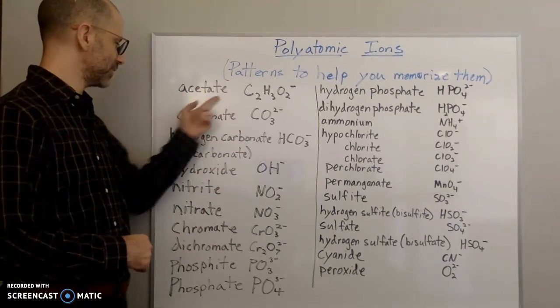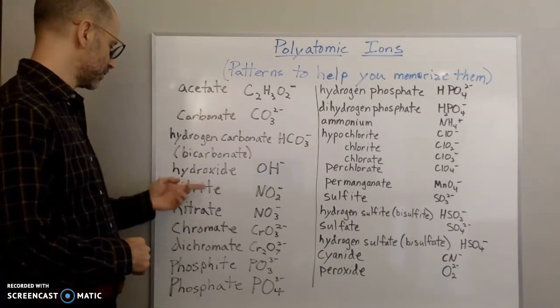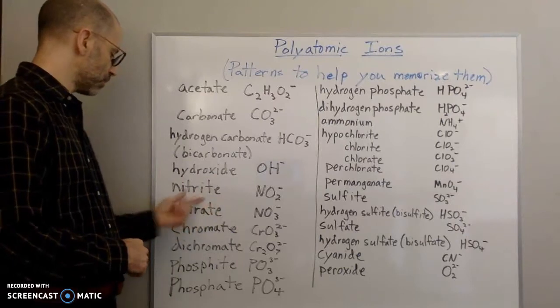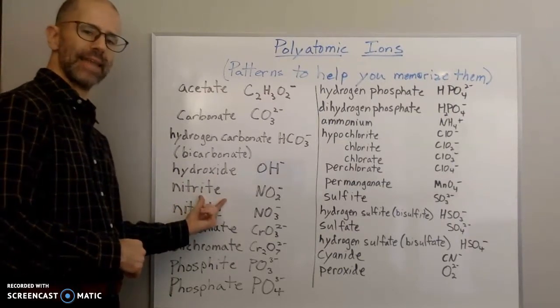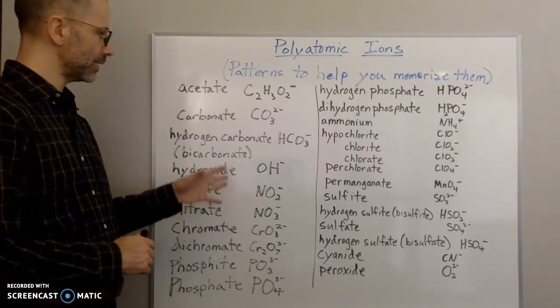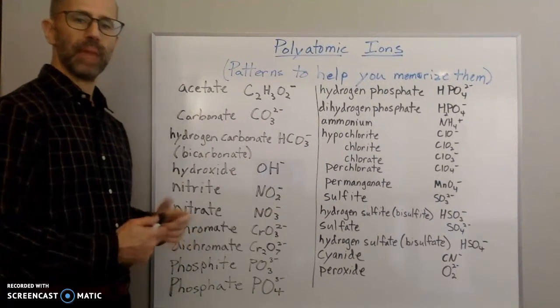So you have acetate, carbonate, hydrogen carbonate. Some of them have IDE endings. Some of them end in ITE, and so on. If you look at the different ones, you can maybe see a pattern.